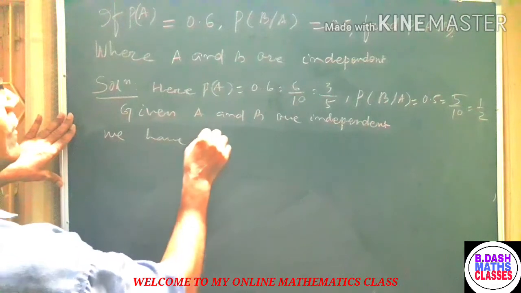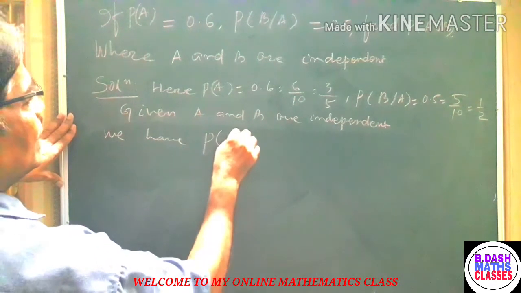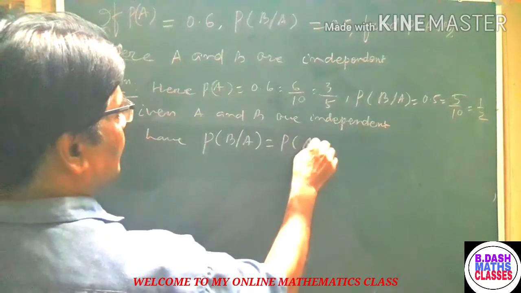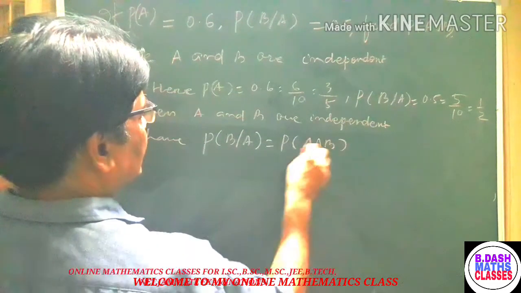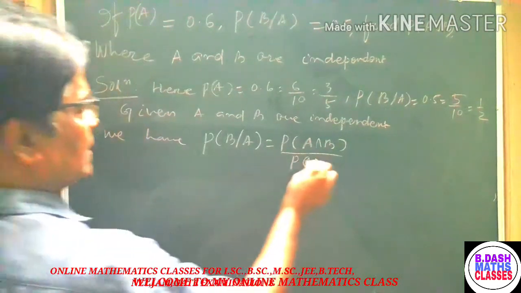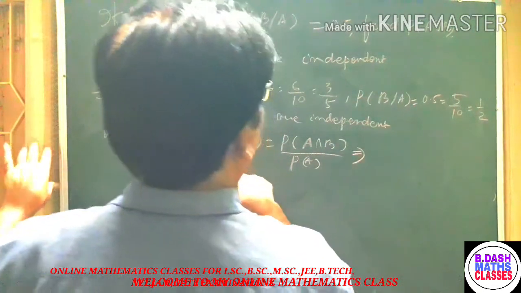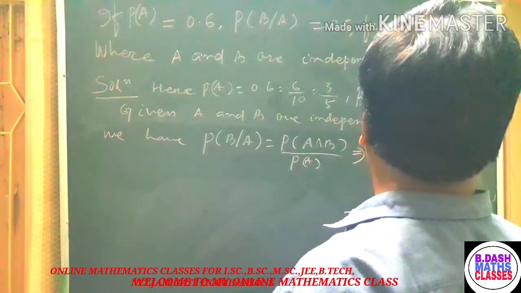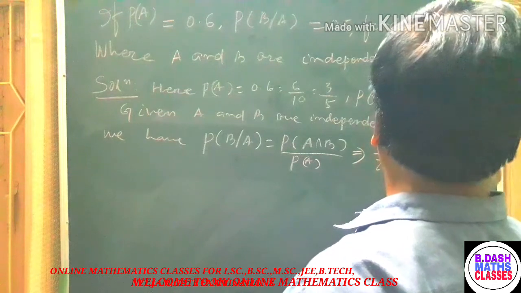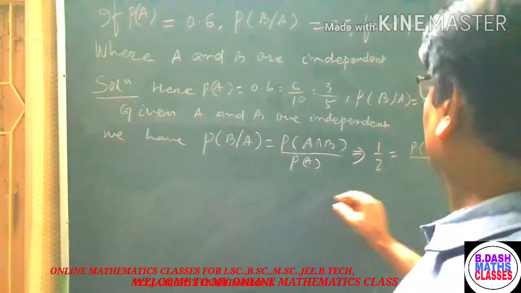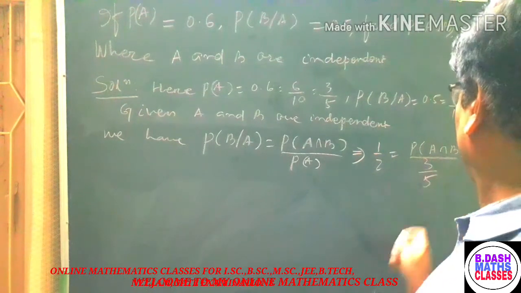We have P of B given A is equal to P of A intersection B by P of A. This implies half is P of A intersection B by P of A, which is 3 by 5.